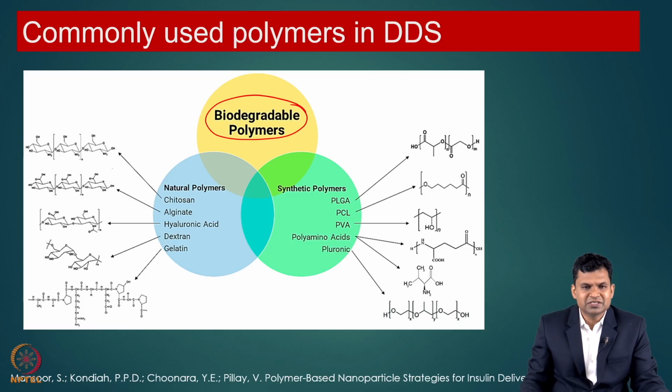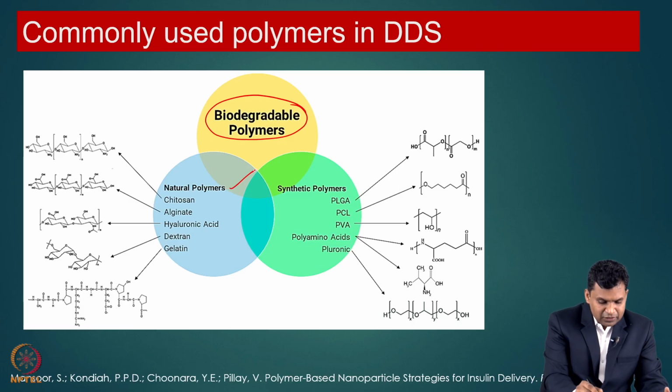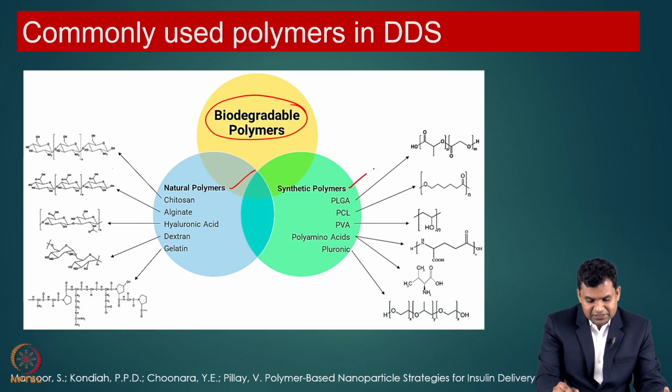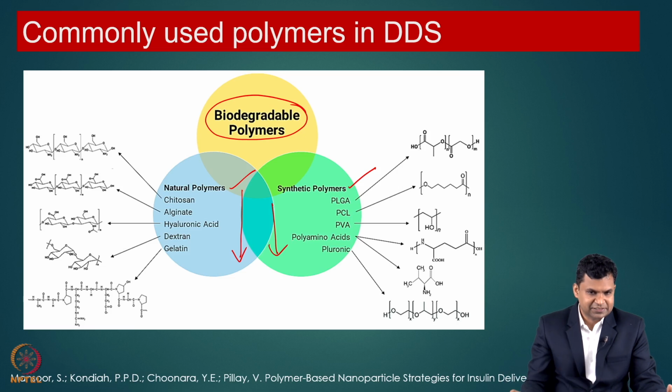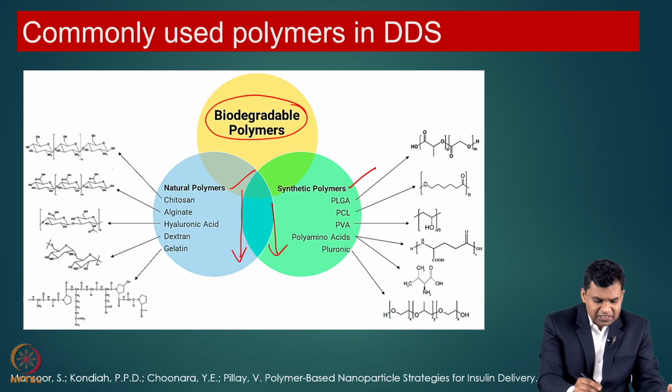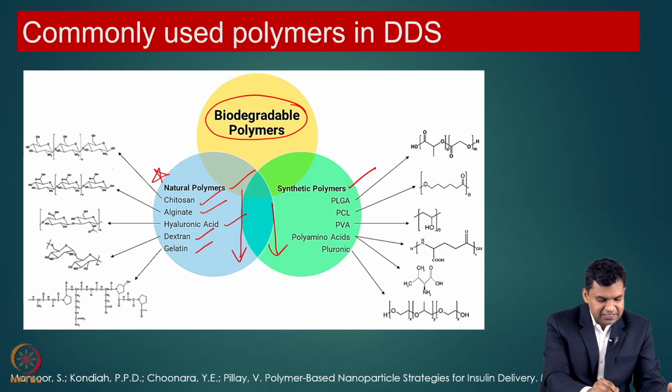Now we are going to look at biodegradable polymers, which are natural polymers and synthetic polymers. The list goes on, and both have advantages as well as disadvantages. These are the examples: chitosan, alginate, hyaluronic acid, dextran and gelatin, which are considered natural polymers.